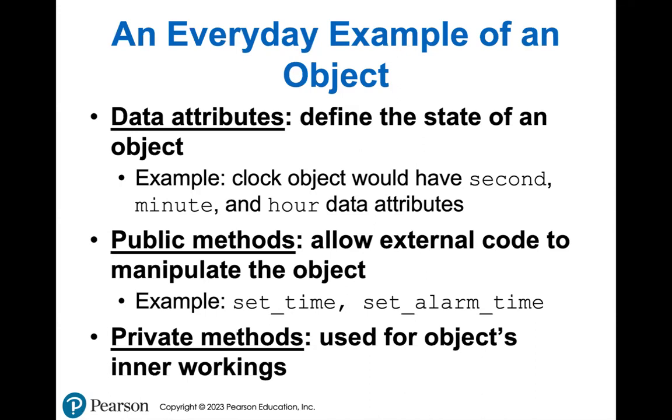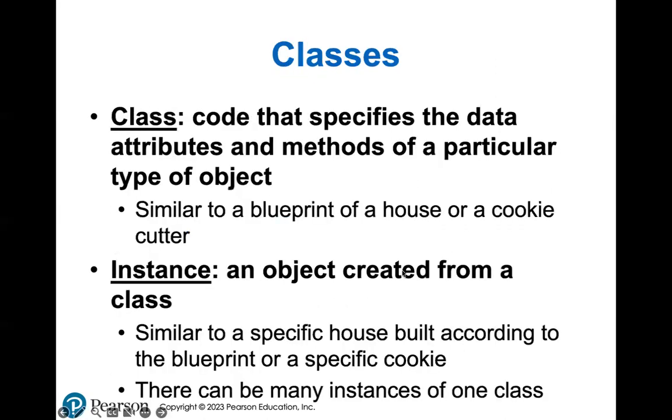So public methods allow anybody who's outside of your object to work with the variables of your object. Now, the private methods are strictly for use within the object scope. So nobody outside of that object can access the private methods that exist within that object.